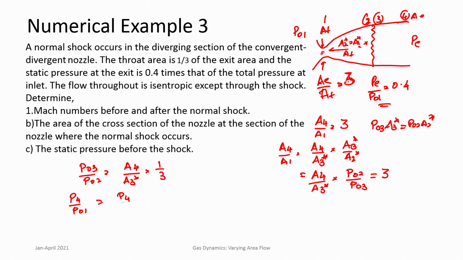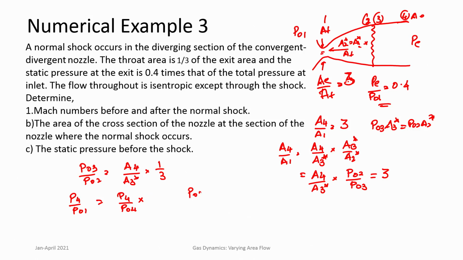P4 by P01 can be written as P4 by P04, okay, multiplied by P04 by P01. P01 is constant all through until the point 2. So P4 by P04 is known, P01 is known. So can we write P03 by P02 in terms of P4 by P04? This is what needs to be understood. P03 is the same as P04.